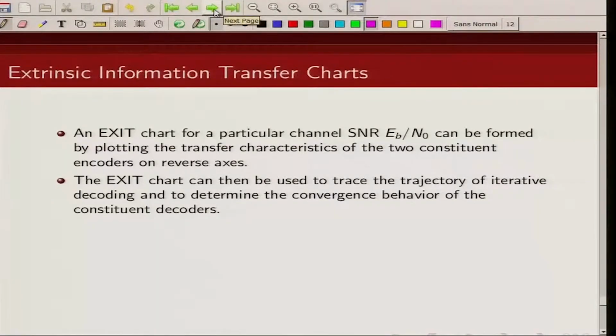So, very similar idea. These transfer functions were plotted on reverse axes. Initially, you do not have any a priori knowledge. So, the input a priori mutual information is 0, and then after 1/2 iteration you get some extrinsic information. So, you have some positive mutual information and then you pass that as an input to second decoder, and the decoding will progress if there is a tunnel, otherwise it will get stuck.